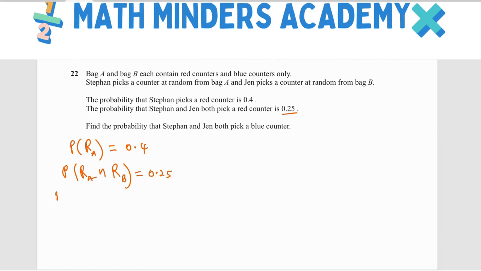Now, but we know that the probability of picking red from bag A, plus the probability of picking a blue counter from bag A, because both counter colors are in bag A and in bag B, the sum of this will give us 1.